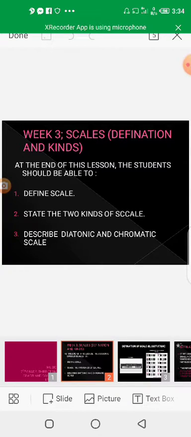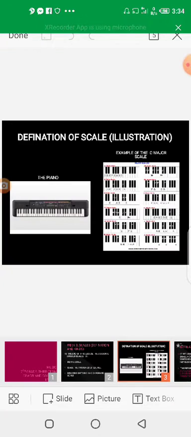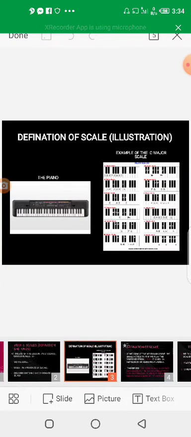You should also be able to state the two kinds of scale. Then finally, you should be able to describe what a diatonic scale looks like and what a chromatic scale looks like.